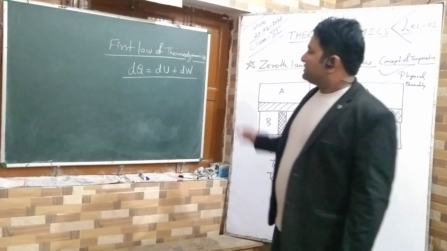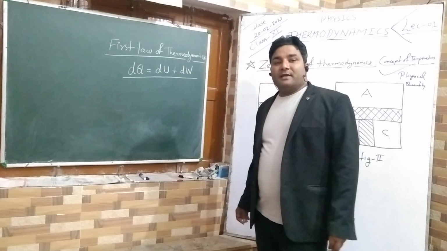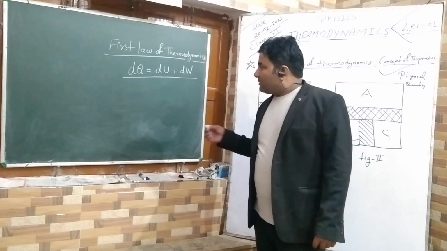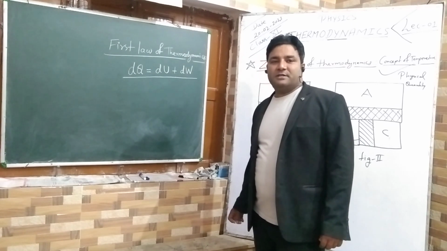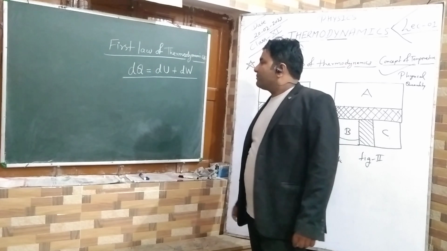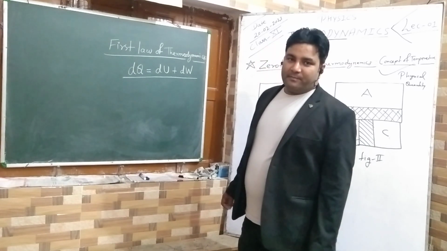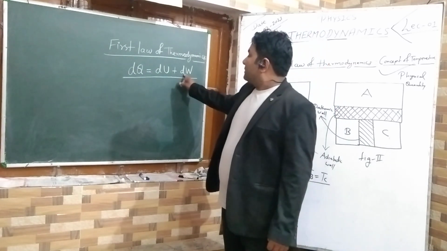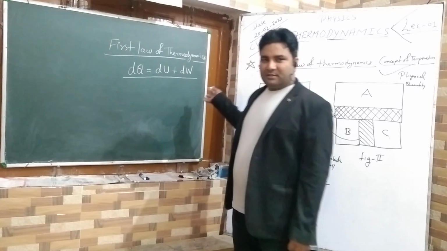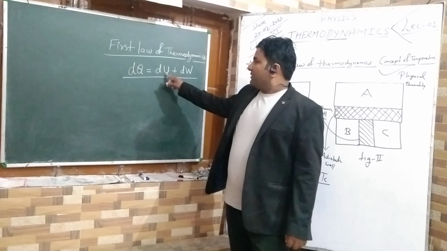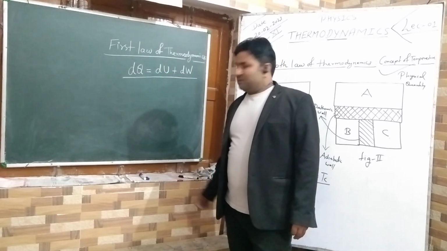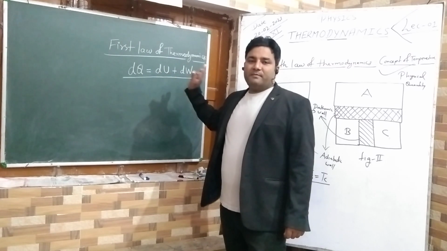Very easy. In a simple way, you can write: energy can neither be created nor be destroyed. The total amount of heat energy is used in two ways. First, in doing some additional work or work against the pressure, and some part of the heat energy in changing internal energy.